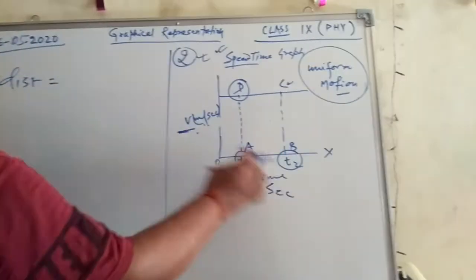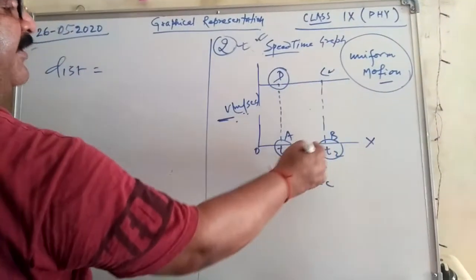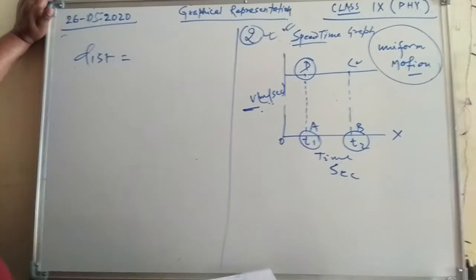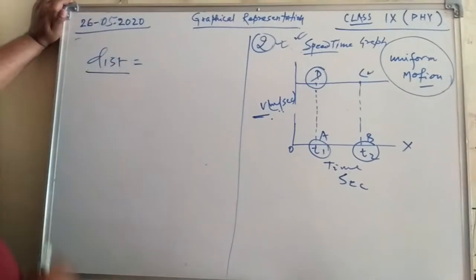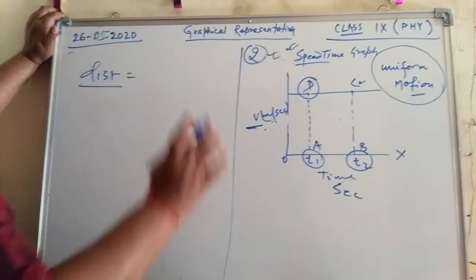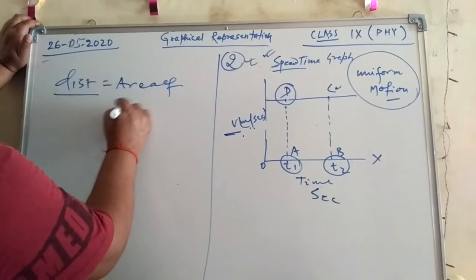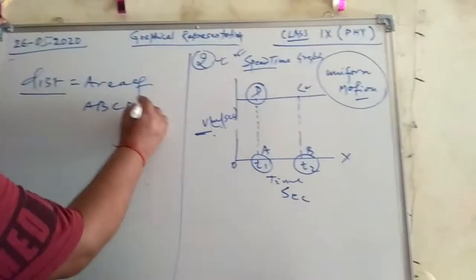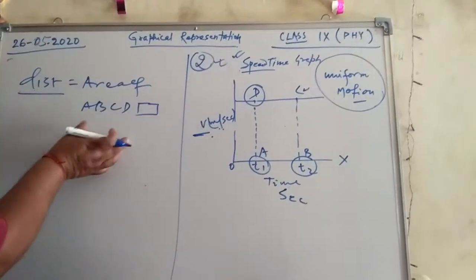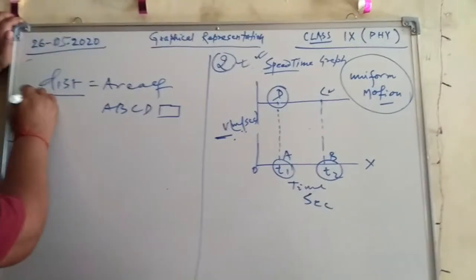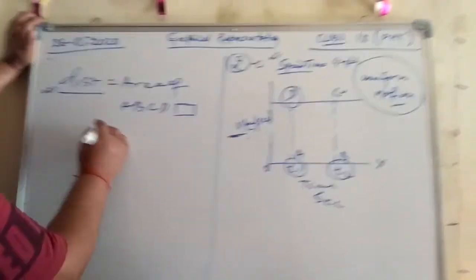So you see that there is a rectangular figure ABCD. For calculating the distance, you can simply calculate the area of the rectangle ABCD, and that corresponds to the value of the distance.